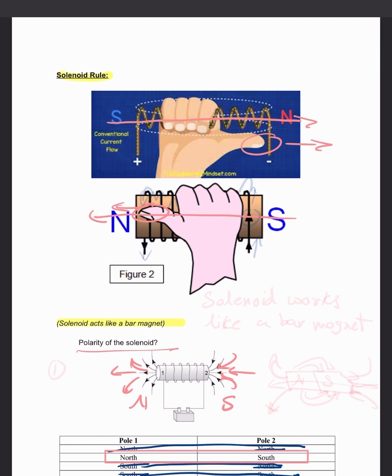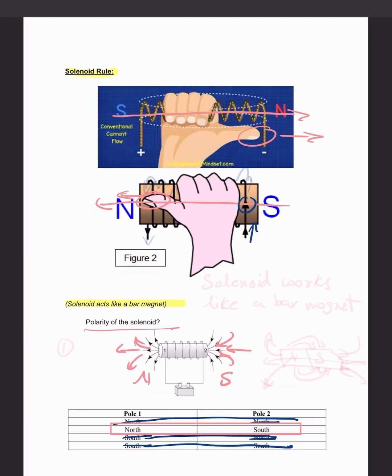Let us look at this image right here. This right here, with the arrow pointing up, is meant to represent the current direction, as current is going up this wire, into it, looping around the solenoid.